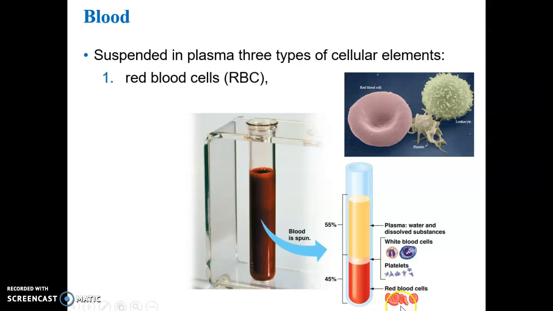There's also white blood cells, which vary in number. And there are platelets, which are basically almost like cell fragments. So these are cellular elements. Okay? Red blood cells, the most abundant, followed by the white blood cells and the platelets. When they're spun, centrifuged, then these components separate out.